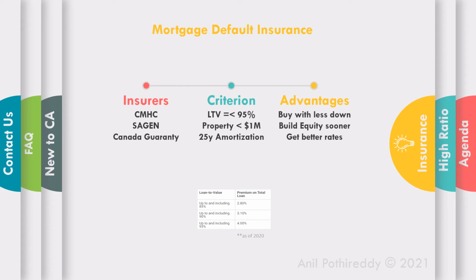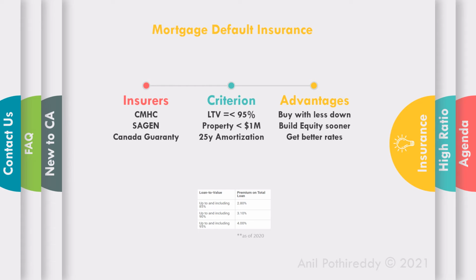And people ask, are there any advantages of taking the mortgage default insurance and putting less than 20% down payment? I think there are some advantages. One is, if you're going to take longer time to accumulate the 20% down payment, the mortgage default insurance allows you to opt for a high ratio mortgage where you put less than 20% down.